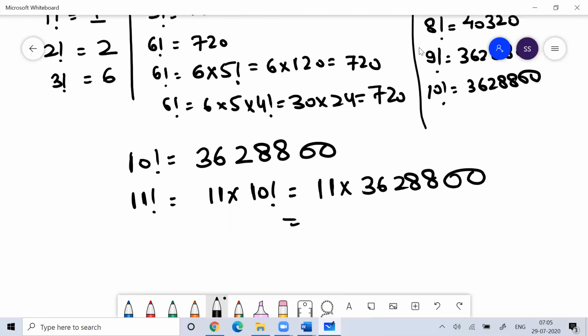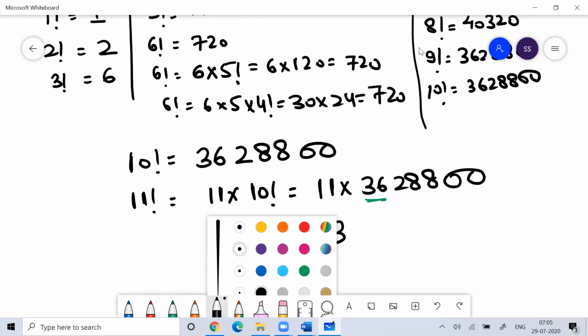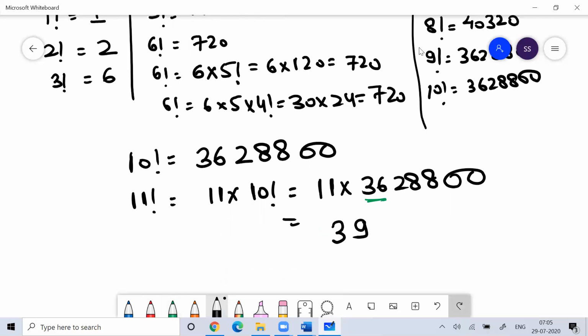Just a revision: if you want to multiply any number with 11, how do you get that value fast? First write down the first digit, which is 3. Then you start adding the digits. 3 plus 6 is 9. 6 plus 2 is 8. Then 2 plus 8 is 10, write like this.